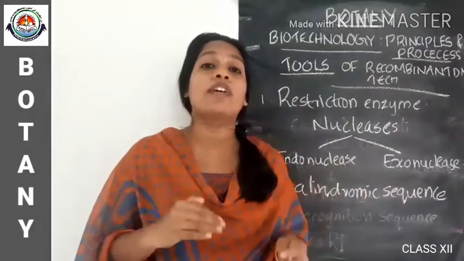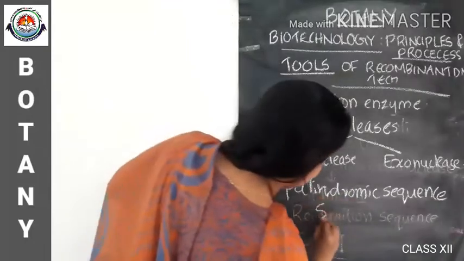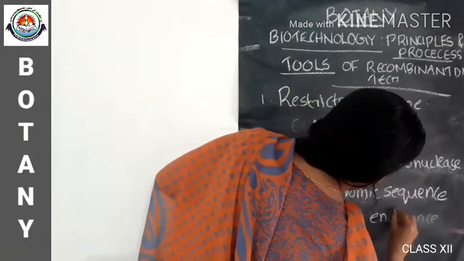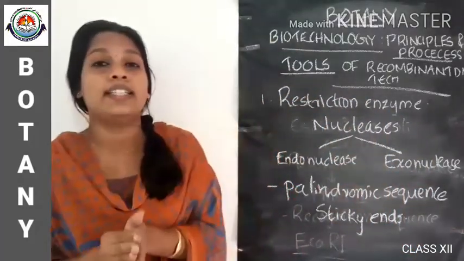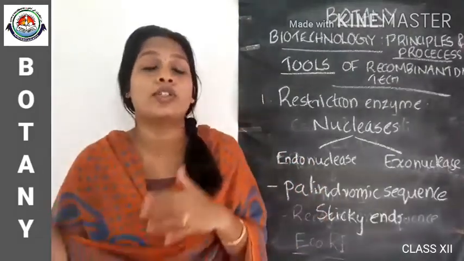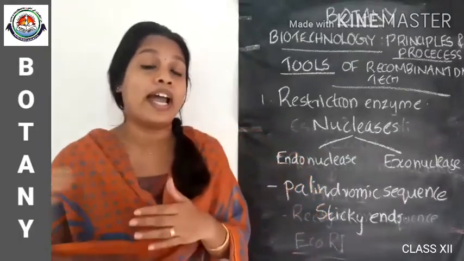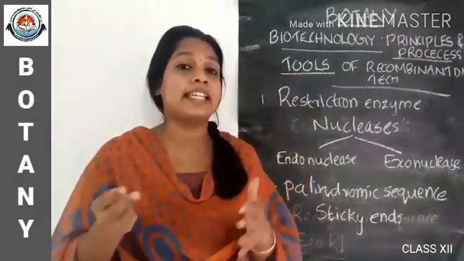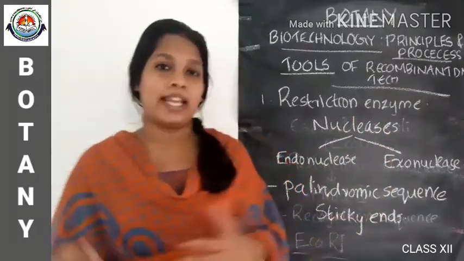These are overhanging structures called sticky ends. So when the restriction endonuclease cuts the DNA a little away from the center of the palindrome sequence, it leaves overhanging structures called sticky ends. And these sticky ends facilitate the action of the DNA ligase enzyme.